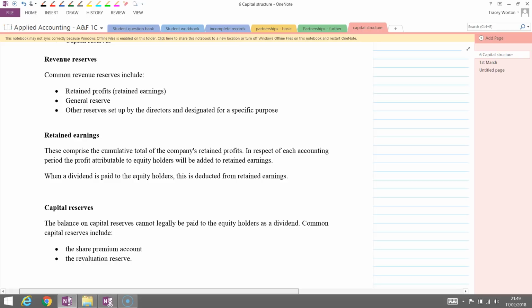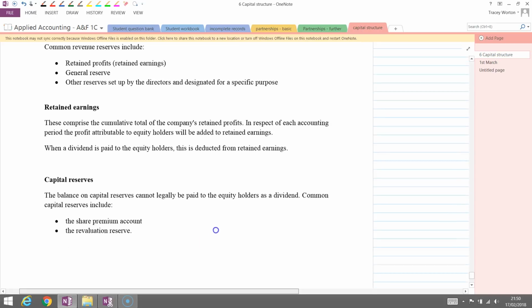We then also have retained earnings. These will comprise the cumulative total of the company's retained profits. In respect of each accounting period, the profits attributable to the equity shareholders will be added to the retained earnings, and when a dividend is paid to the equity shareholders, this is deducted from those retained earnings.